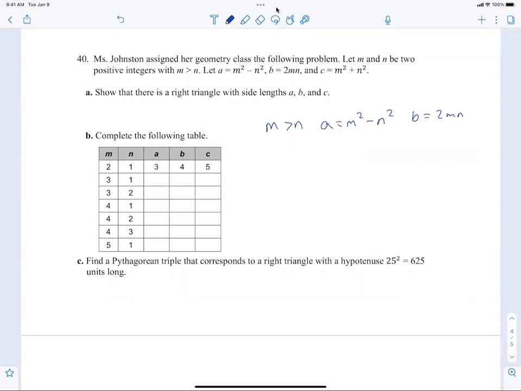All right. So if M is 3 and N is 1, so that'd be 9 minus 1. You agree with that? So that's 8, right?